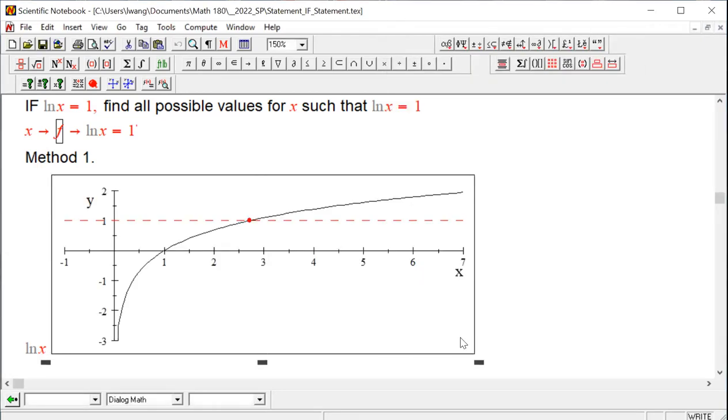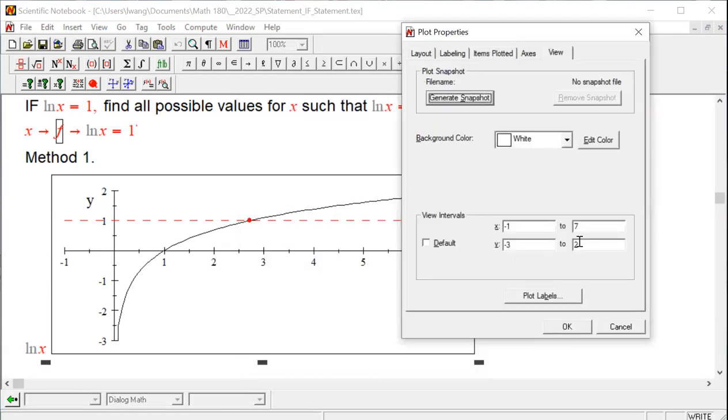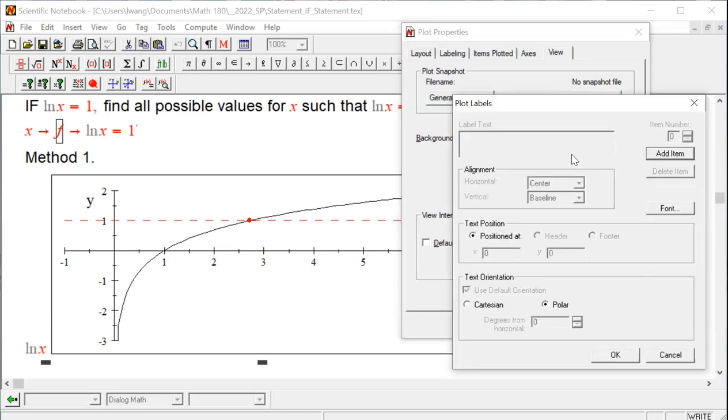And the answer is, what is that point? When the input is e, the output is 1, right? Yes?